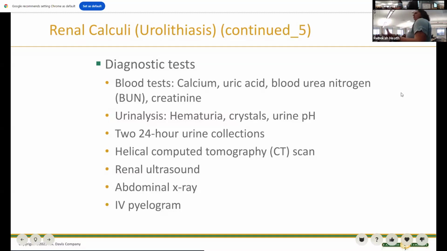Creatinine, that's a waste product that our kidneys filter out. Unlike the blood urea nitrogen, our kidneys don't want to keep any of that in our system. They want to get rid of it all. So even if you're dehydrated, your body is naturally going to get rid of all of that creatinine. It's only if the kidneys are damaged that they're going to be retaining some of that creatinine, and you'll see that level go up.